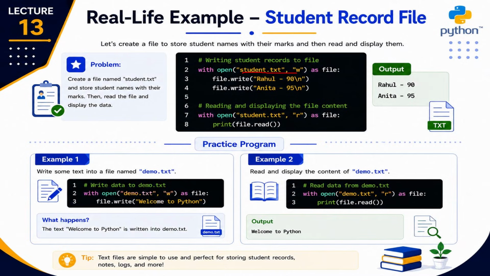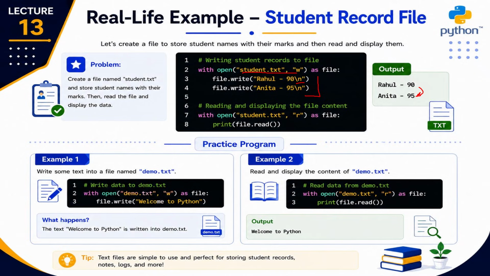We use with open with W mode because we want to write the student record into the file. So here the first write statement stores Rahul's name and marks. You can see the \n moves the cursor to the next line, as you can see here in the output.